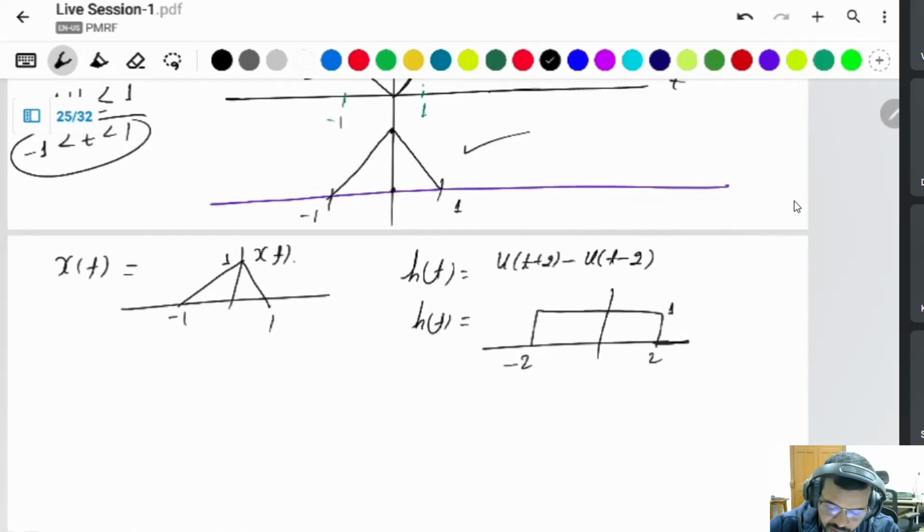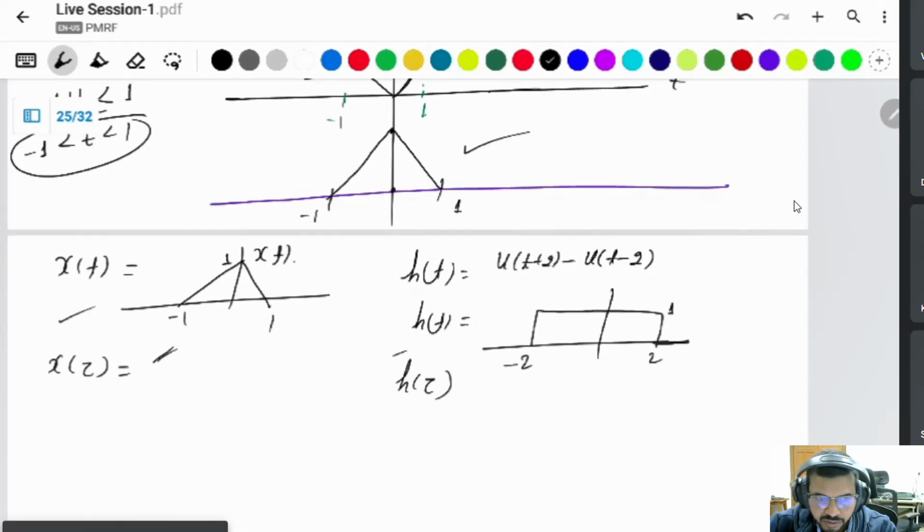This is x(t), and this is h(t). For tau, the same thing: replace t with tau.